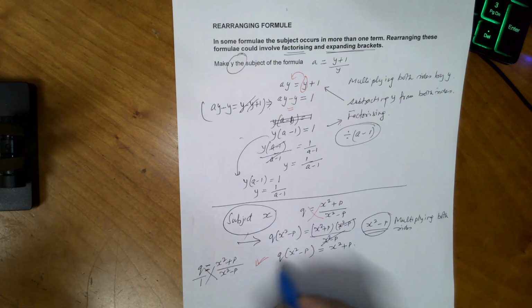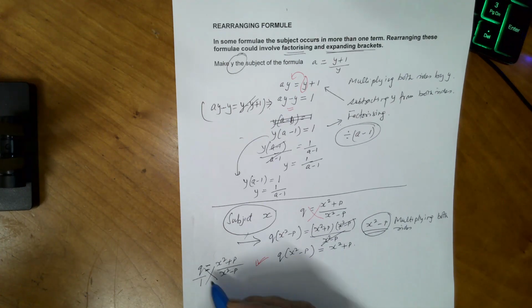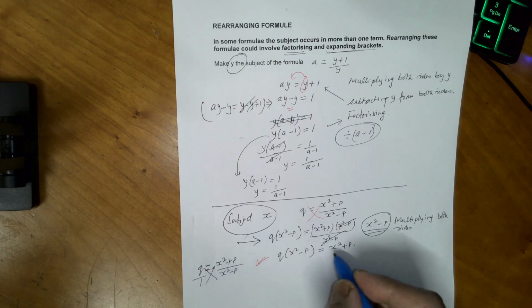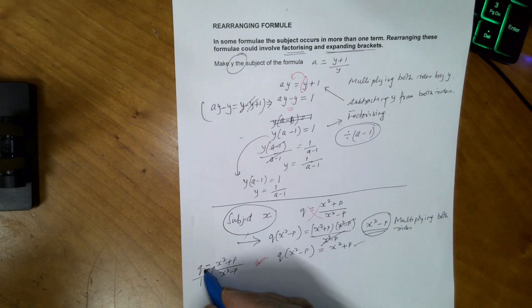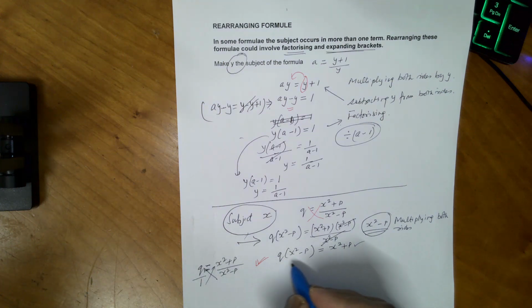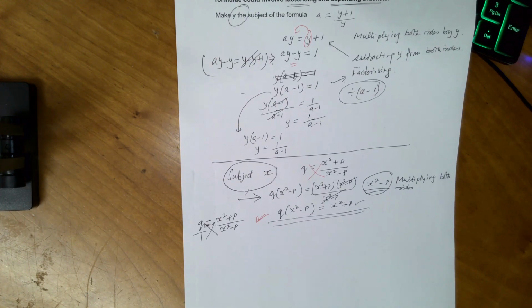So that you will get q x square equal to x square plus p. So with 1 you multiply that, that will give you x square plus p. The q you multiply with x square minus p. This is the question you get. Okay, right, now move on.